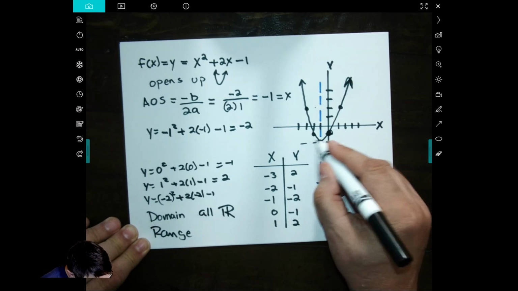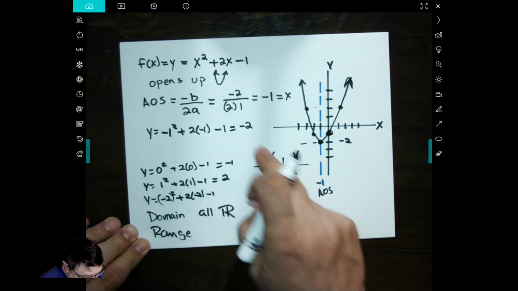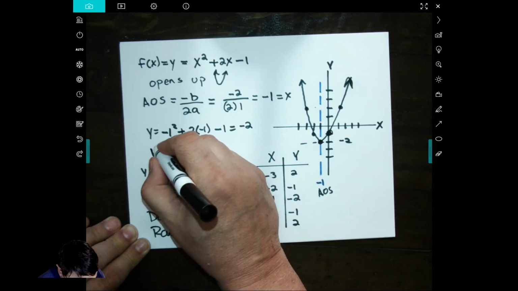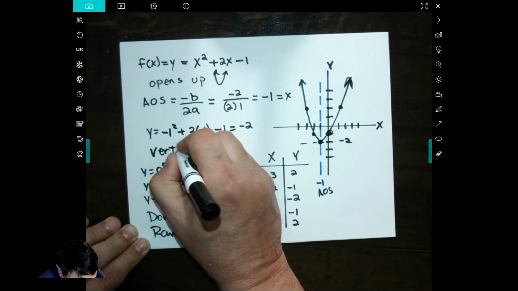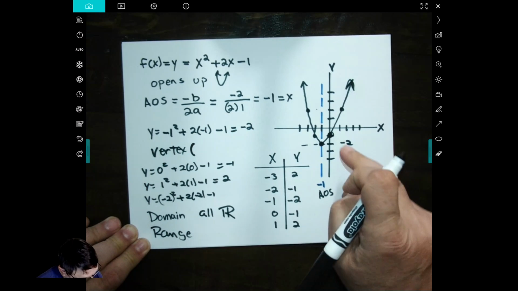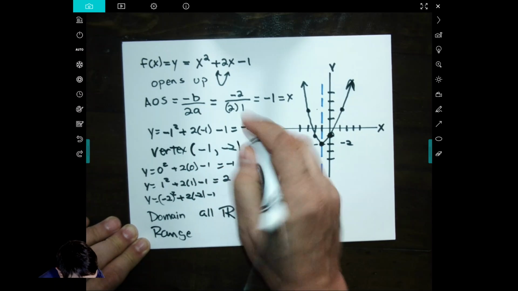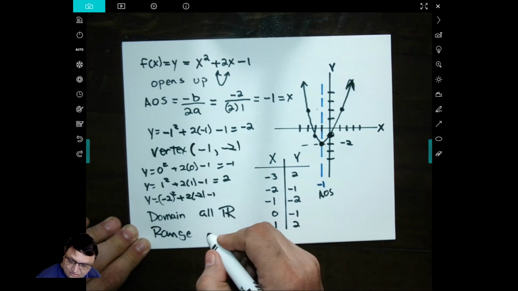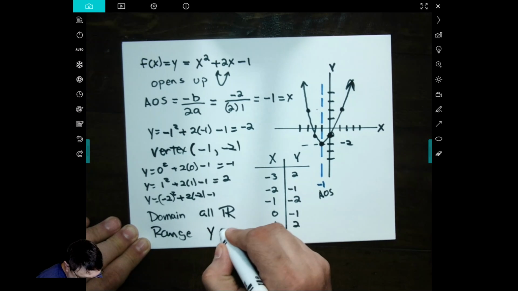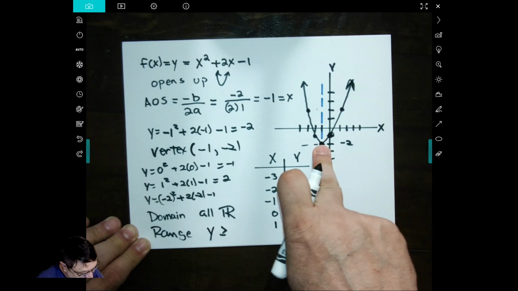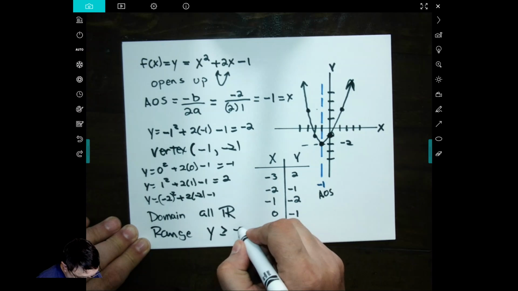The vertex of my parabola, which we already know is at negative 1, negative 2. So my range starts at negative 2, and it's going up, getting bigger, so y is greater than or equal to negative 2.